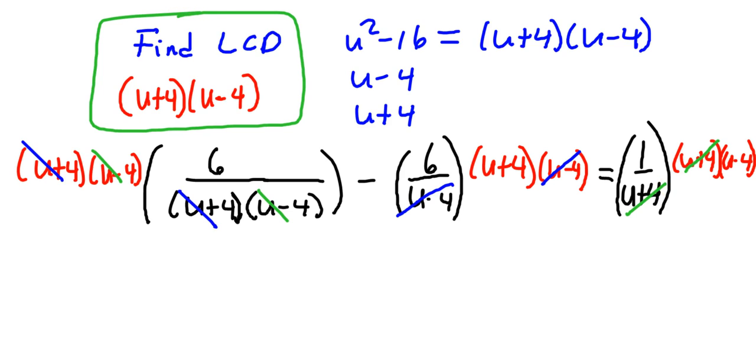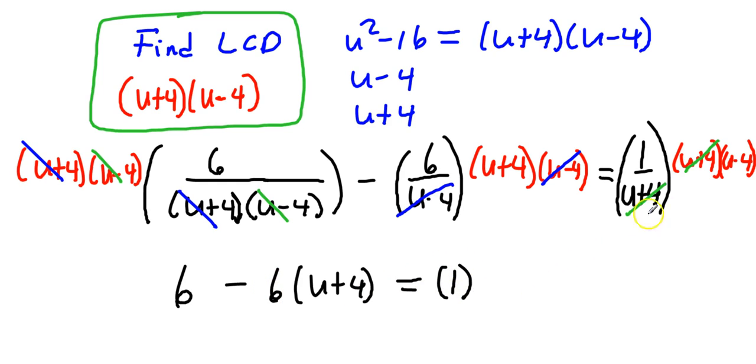Okay, and then everything that's left. We canceled everything here but the 6, so the 6 is all by itself. You've got a minus 6 and a u plus 4. Equals, we've got a 1 times u minus 4, and times 1 is not going to change anything.